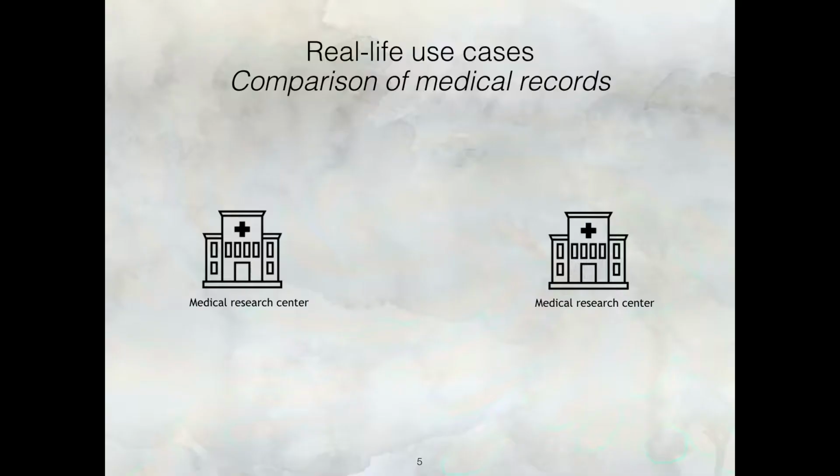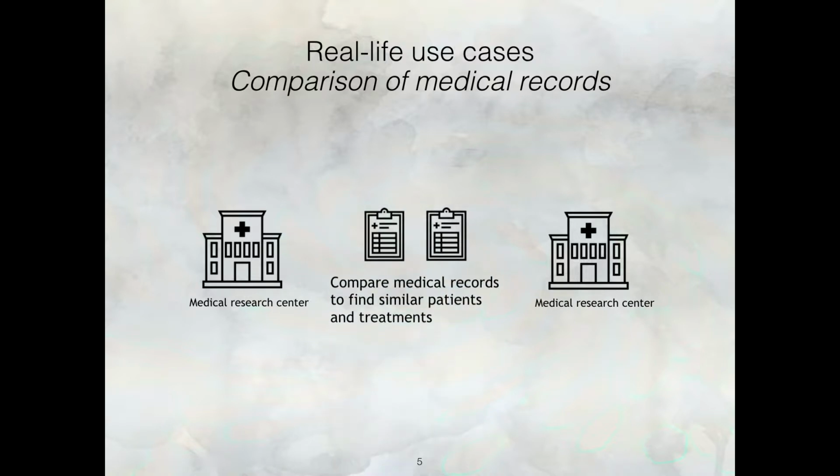And in order to have a better treatment procedure, they may want to compare patient data to offer their patients better treatments, because maybe some of the medical research centers have a similar patient and they already applied a certain treatment. But of course, patient data is very sensitive and it shouldn't be shared with the other medical research centers in clear text.